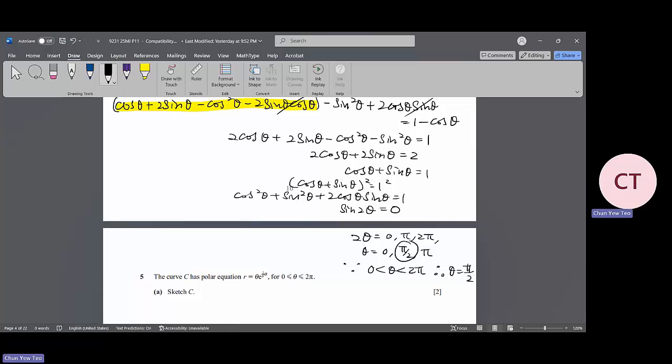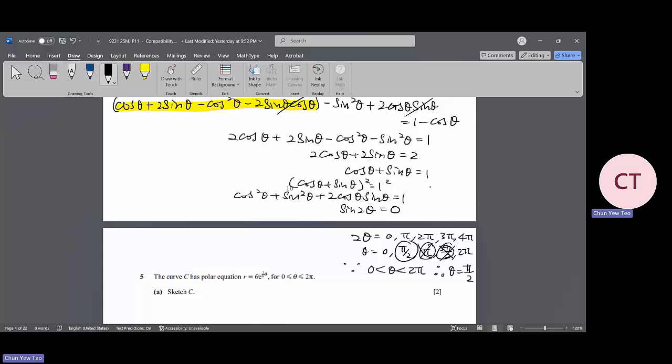But maybe you can say that this one is also pi, 3 pi over 2, and 2 pi. So these 3 cannot be accepted because they will not give you 1.